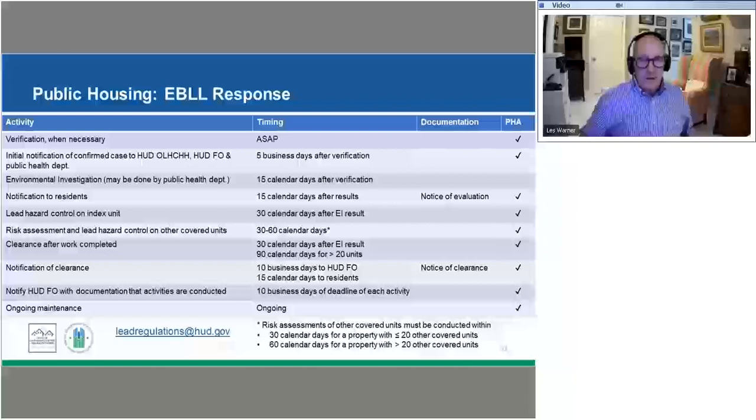Because of the timelines on the responses, it is important to have done some pre-planning on how you're going to meet these time requirements. So I would recommend having a process and a plan in place, including staffing for that.